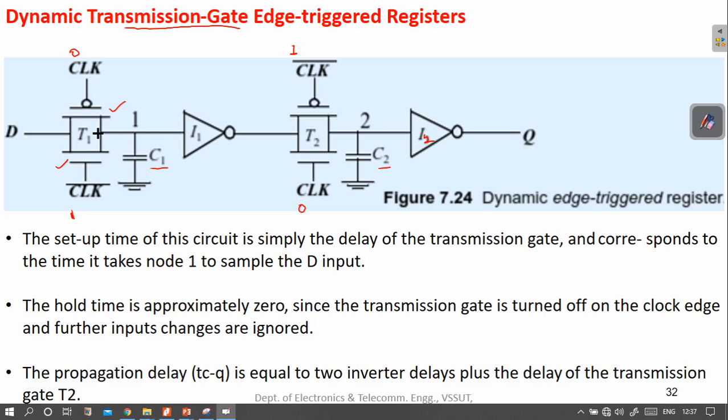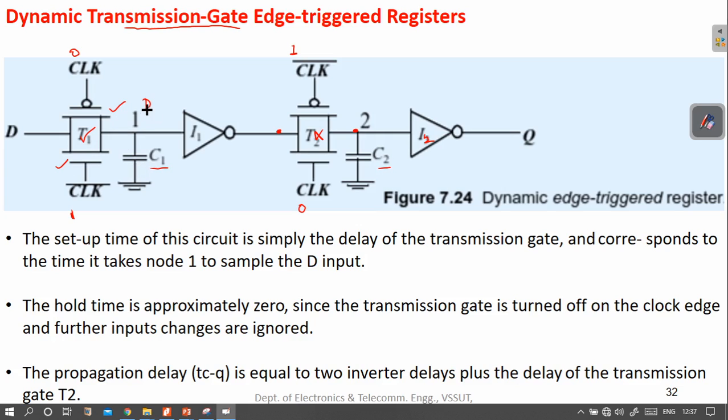So transistor T1 is on and T2 will be off. That means this path is not available, so this signal cannot pass to this node. But since this path is available, the value of D will pass to node 1, and depending on the value of D, the capacitor will charge or discharge.